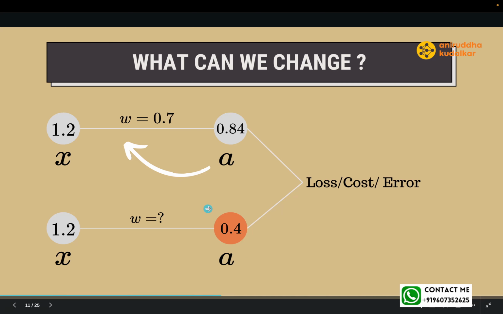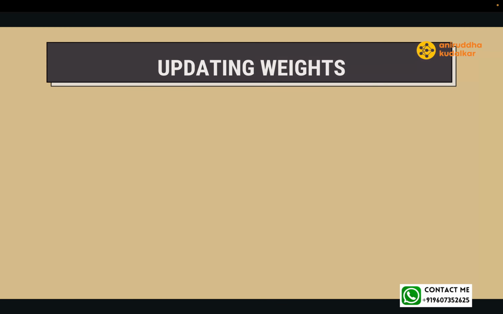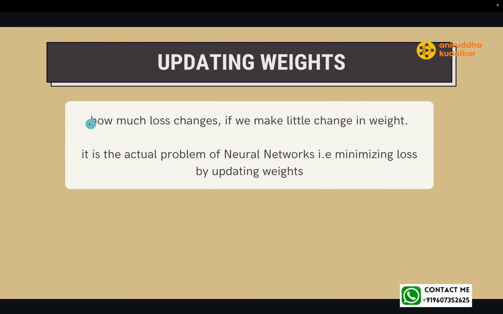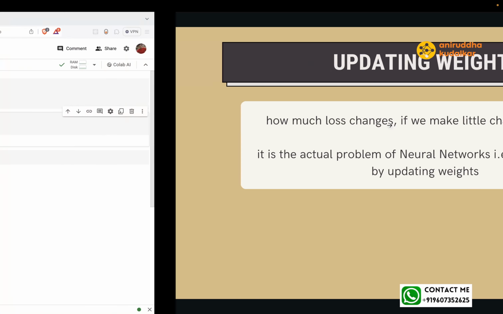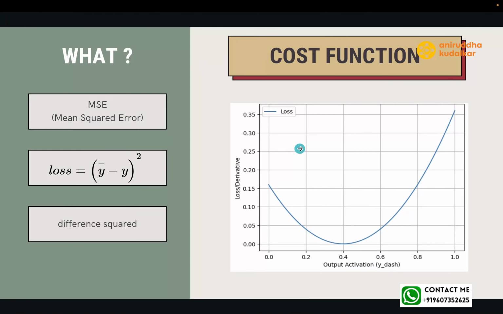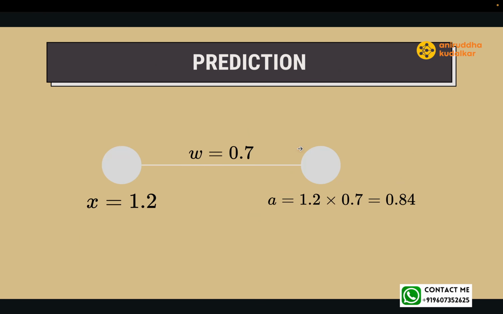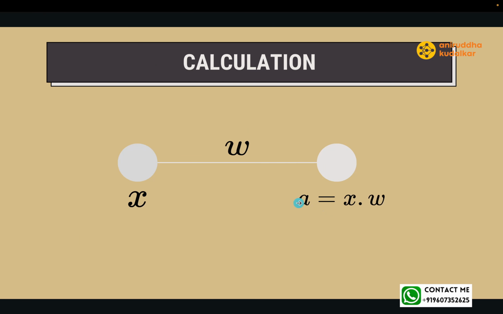So what is our idea? How much does the loss change if we make a little change in the weight? Do not forget this. Your output activation A is the product of input and the weight.